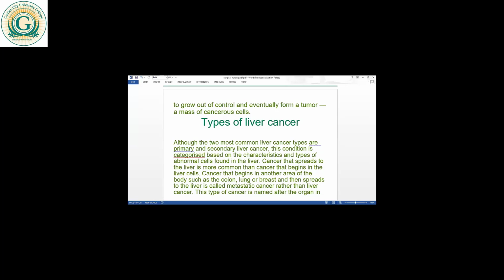So cancers that metastasize to the liver are more common than cancers that originate from the liver. Cancer that begins in another area of the body, such as the colon, the lungs, or breast, and then spreads to the liver, is called metastatic cancer, rather than liver cancer. This type of cancer is named after the origin in which it began.